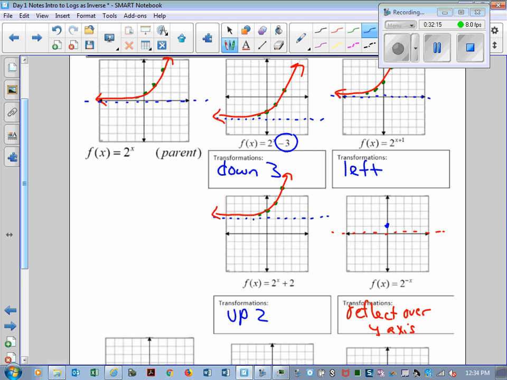But now, instead of having a point here, I've got to put it over here. Instead of having a point here, I've got to put it over here. Now we have a reflection over the y-axis. That looks like that.